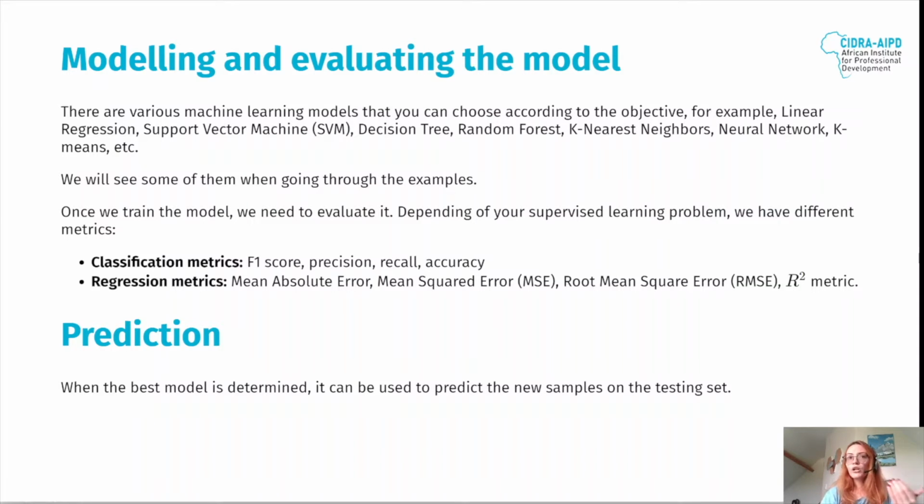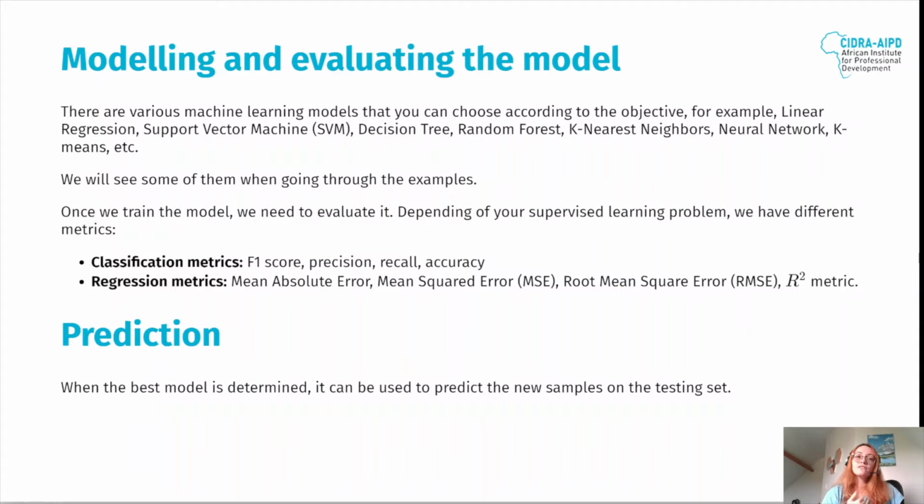Once you train the model, you need to actually evaluate it by checking the performance. It depends if you're using supervised or unsupervised learning, and if you're using a classification or a regression type of model, but we have different metrics to check how good your model is. Now I'm going to focus only on the supervised learning ones.